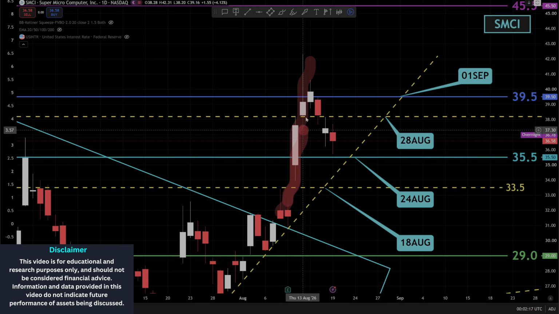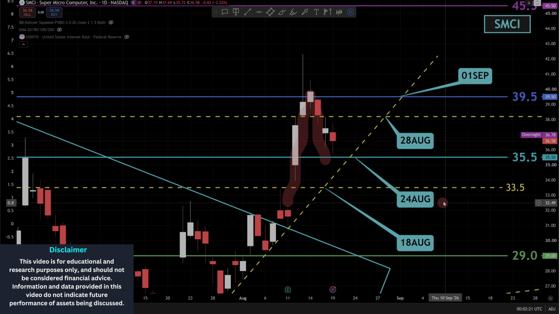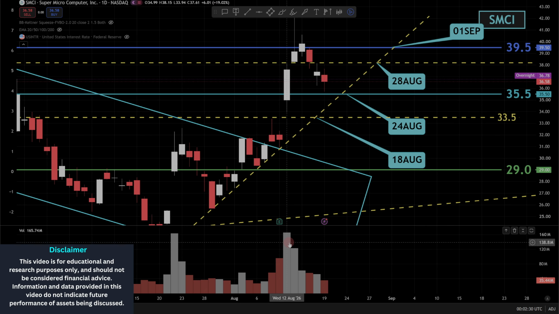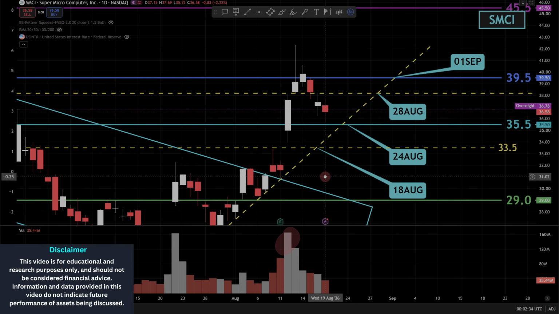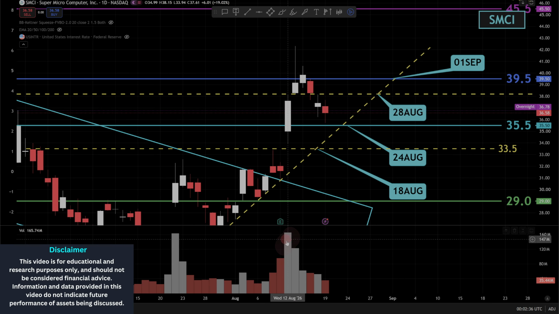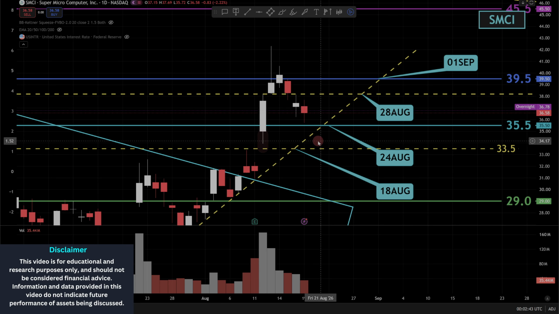And of course, that kind of vigorous move only backfires, and then it drops back to right at or near the 35.5 level. The thing is, the volume on the 12th, meaning last Wednesday, was pretty high, even though we've got wicks from both sides, meaning both bulls and bears are battling.